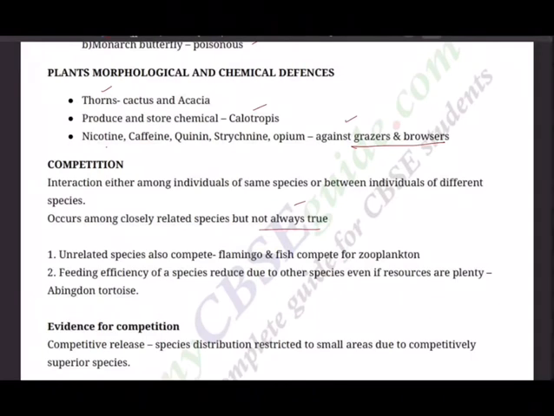Unrelated species also compete, like flamingo and fish compete for zooplankton. Zooplanktons are small animals, small insects that are present in waters. The feeding efficiency of a species is reduced due to other species even if resources are plenty. For example, the Abingdon tortoise.